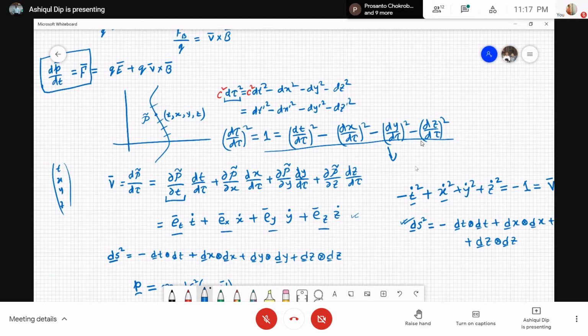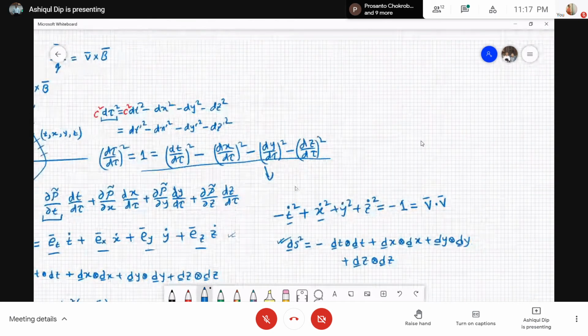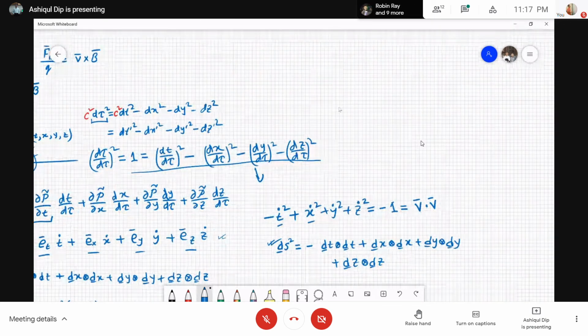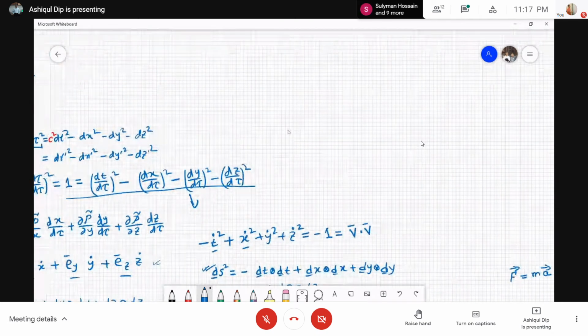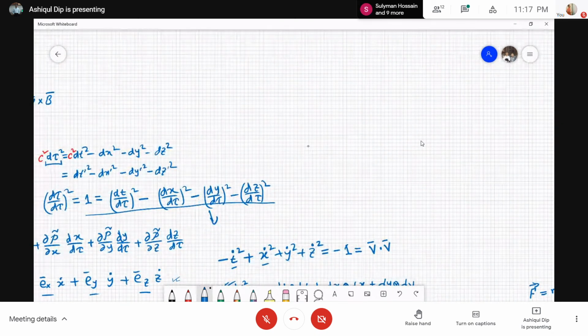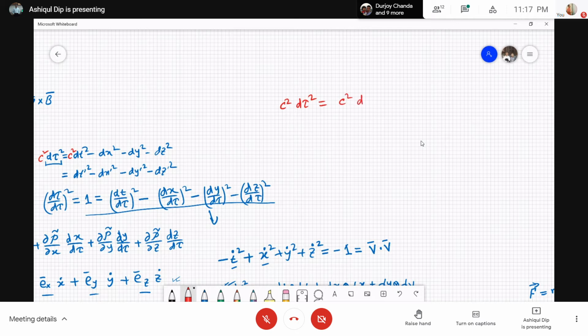Basically, the quantity that doesn't change under a coordinate transformation, a Lorentz transformation, is defined by this. Actually, I chose a specific kind of unit system, called natural units. That's why it looks like that. But in total, it will look like this: c squared d tau squared equals c squared dt squared minus dx squared minus dy squared minus dz squared.